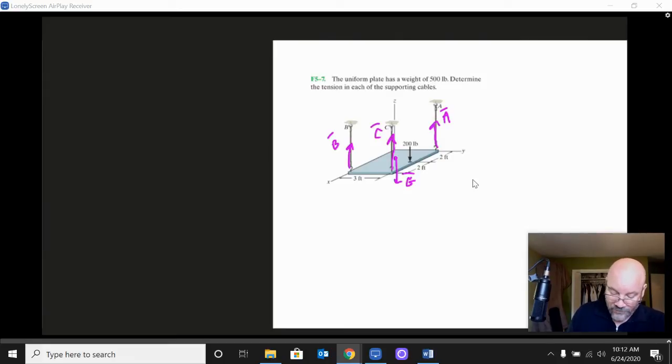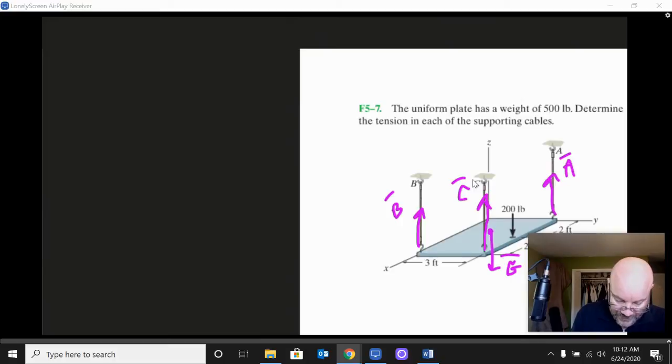So our first condition for equilibrium is to look at what's happening in the x direction. Now, none of our forces have any x components. So that relationship doesn't help us at all. Like last time, we had y.